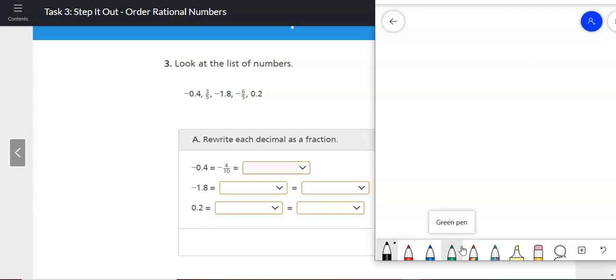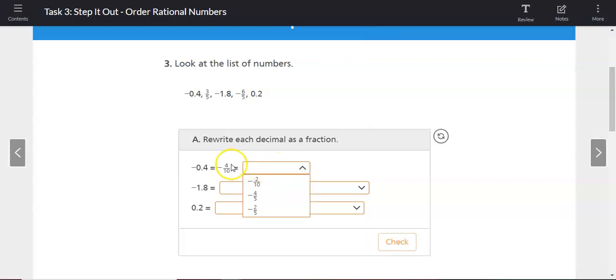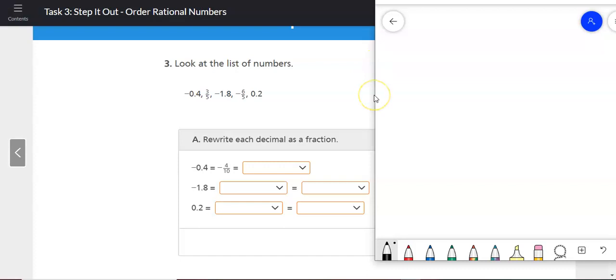On the first one, I think it's pretty self-explanatory of what they want you to do. We're going to simplify -4/10 and how they got. Let's talk about how they got what they got first. So I have -0.4.